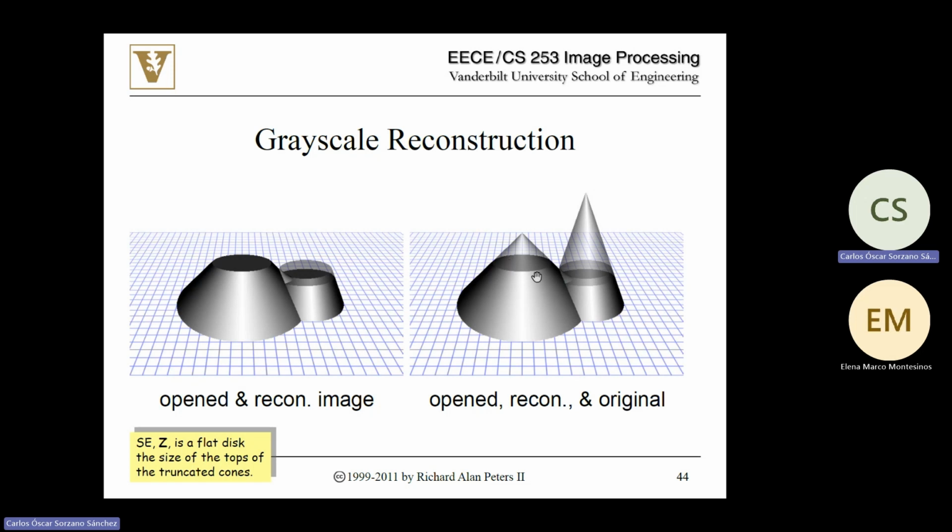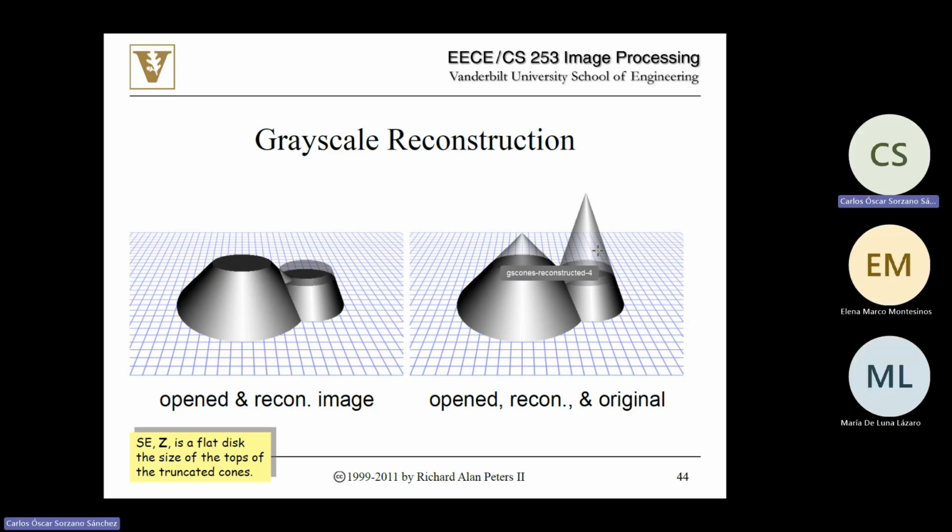You see that it can recover a bit of what we cut. The opening is cutting quite a lot of the bright points, and this grayscale reconstruction is recovering a bit. It doesn't fully recover it, but you may remember from yesterday that it had a lot of noise, so you don't want to take over the noise. Fully getting back to the input image is probably not a good idea.